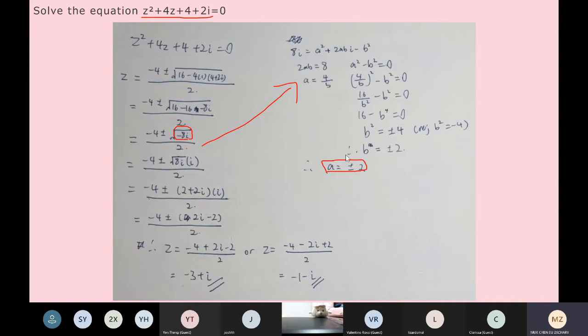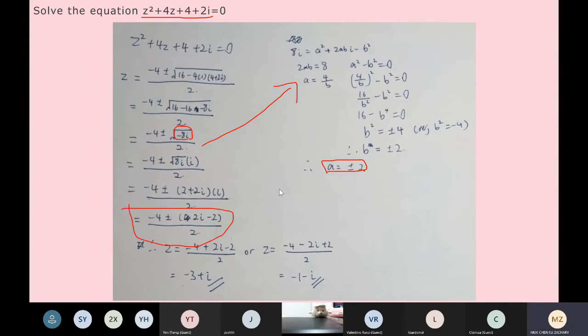So even if you sub back in, you get plus minus 2. So the negative b will correspond to negative a, that kind of stuff. Basically what Lizard said just now, okay? So what you do is you find what your square root of negative 8i is, and then you sub it back in. Basically, if you have your GC, you get straight here.